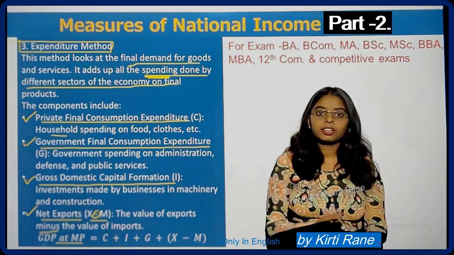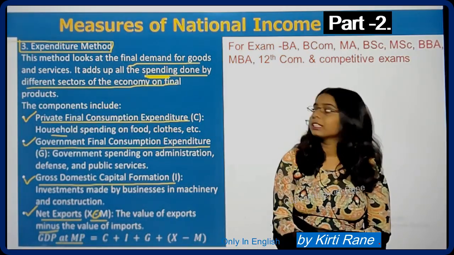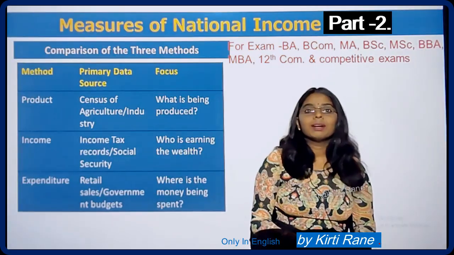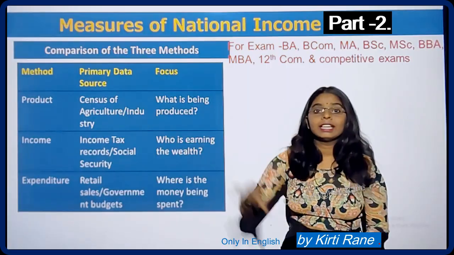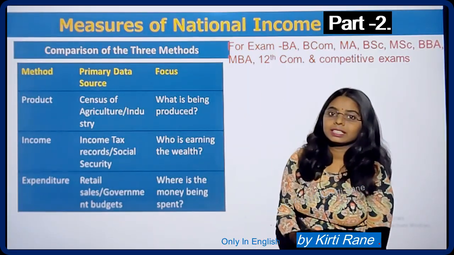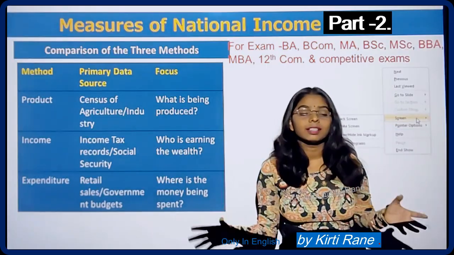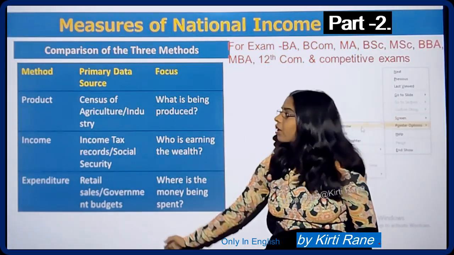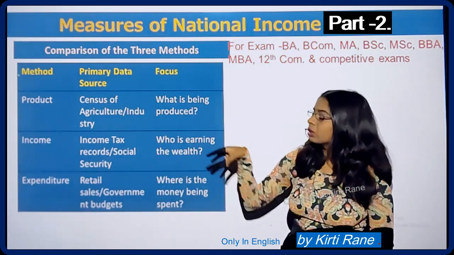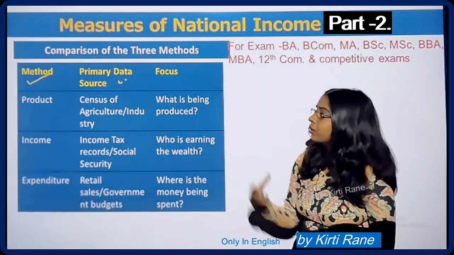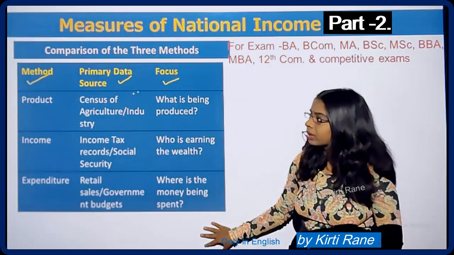Moving on to our next slide, here is the summary table of this topic. The first column shows what the method is. The second column shows the primary source of data used to calculate through that method and what it focuses on.